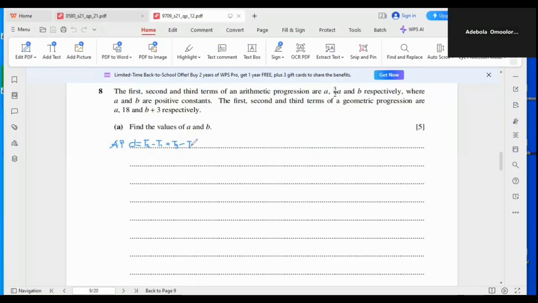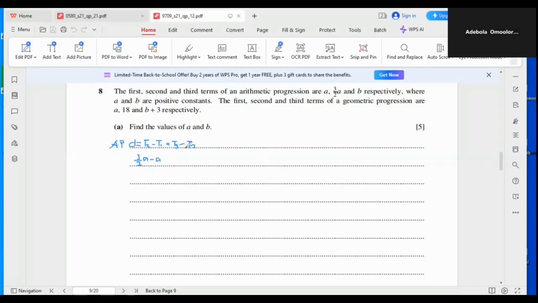Now, with this in mind, we can get an expression for the common difference. We know the second term of the AP is 3 over 2A and the first term is A. So the common difference is 3 over 2A minus A. Also, for this same AP, the common difference could be B minus 3 over 2A.